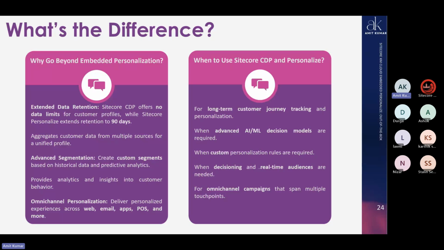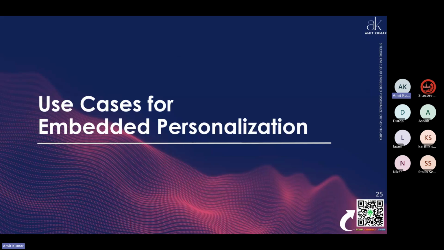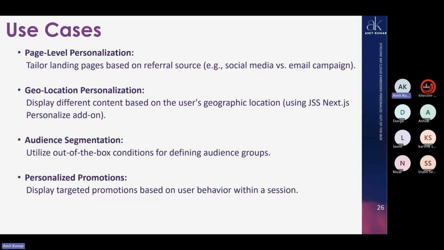In those cases, you need to utilize Sitecore CDP and personalization, where you cannot use the embedded personalization. The use case for embedded personalization is easy, as I was explaining: only page level, simple and easy, geolocation based, how the user is interacting, event-based personalization. You can implement that and utilize the out of the box segmentation.